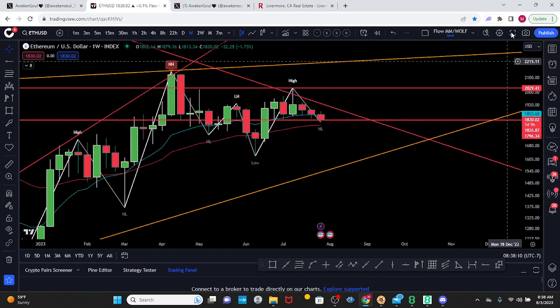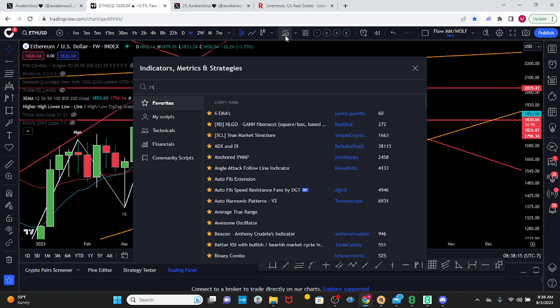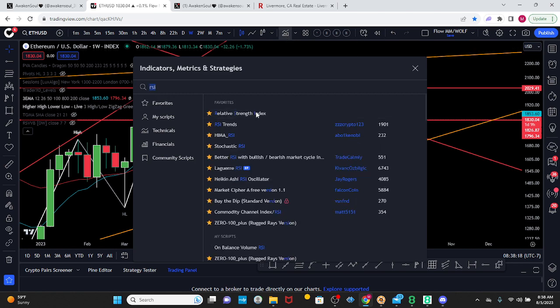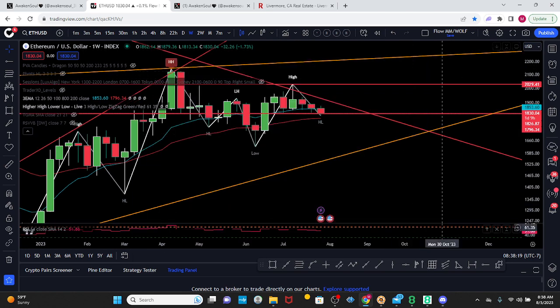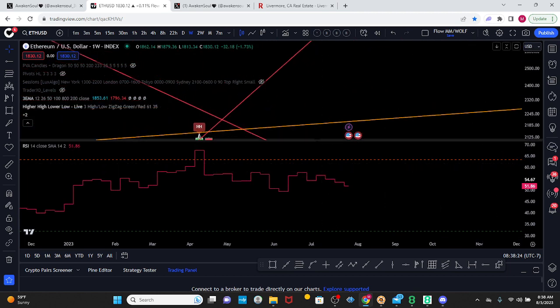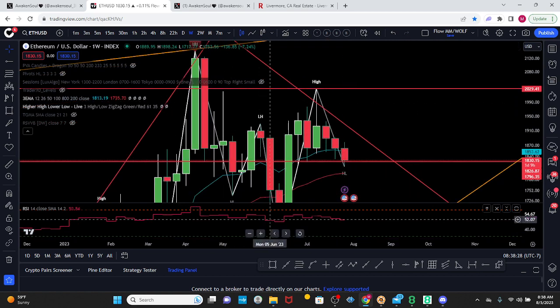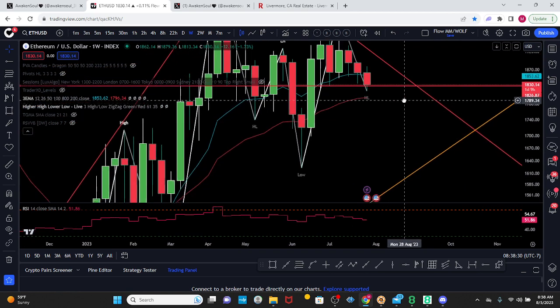So now that we're here, let's see, do I have any divergence? Let me get my RSI. Of course, I'm looking for that rotation, that divergence up top.